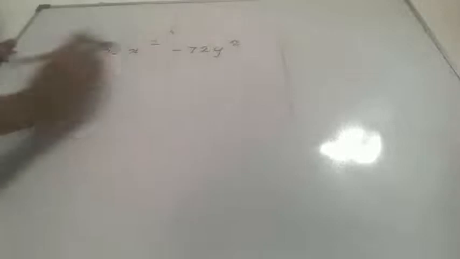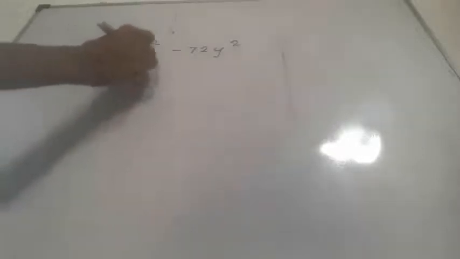x squared subtract 72 y squared. 2 is a common factor. 50 divided by 2 is equal to 25 x squared.